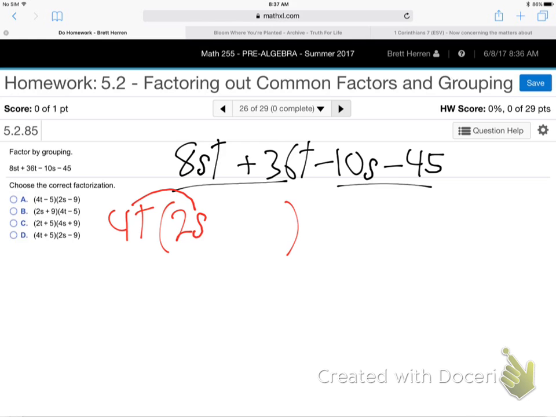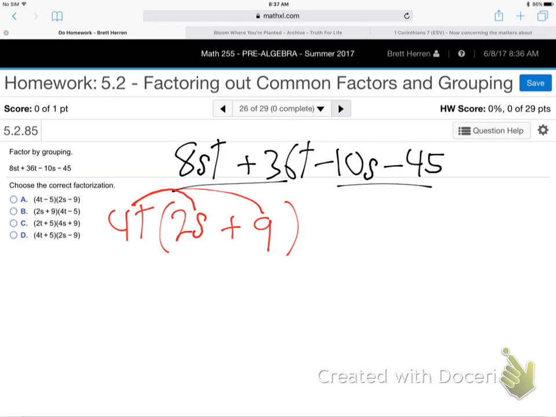Because 4 times 2 is 8ST. Good so far. Plus 4 times 9 is 36T. Good to there. If I was to multiply that 4T times 2S, 4 times 2 is 8ST.